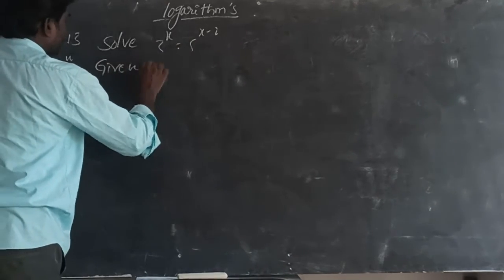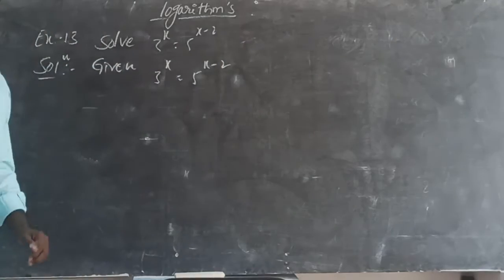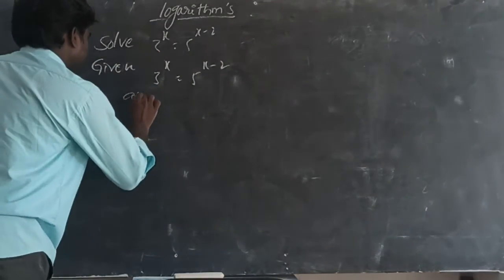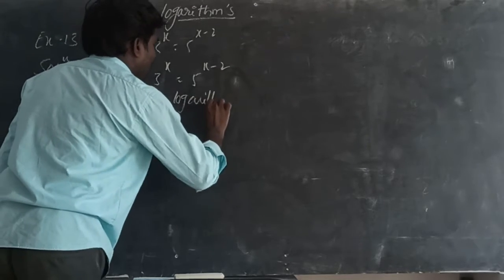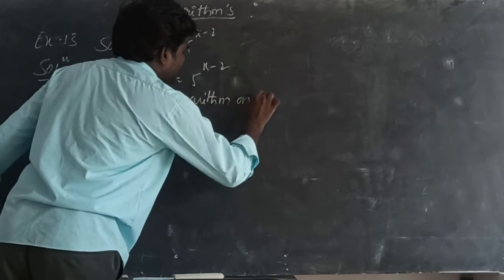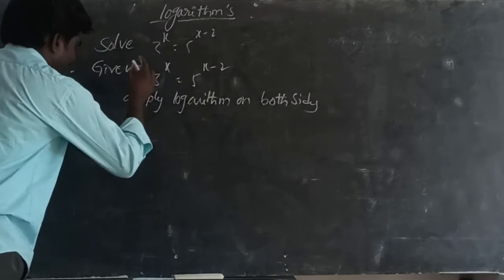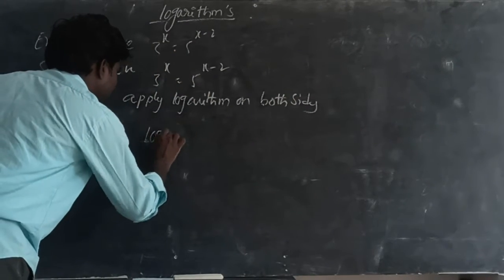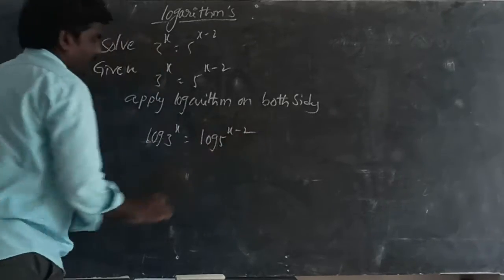Given 3 power x is equal to 5 power x minus 2. Apply logarithm on both sides. So here log 3 power x is equal to log 5 power x minus 2.